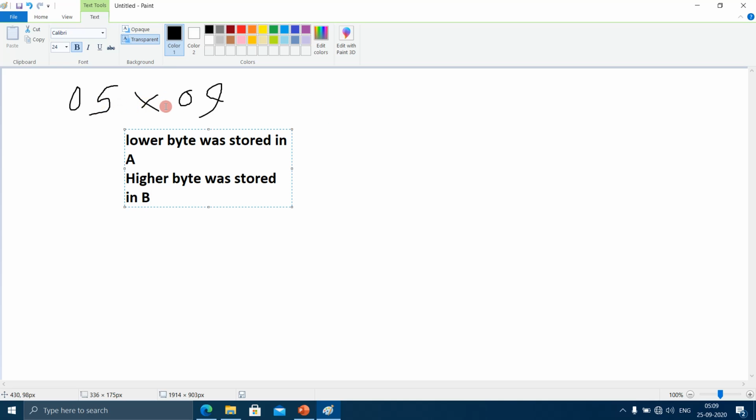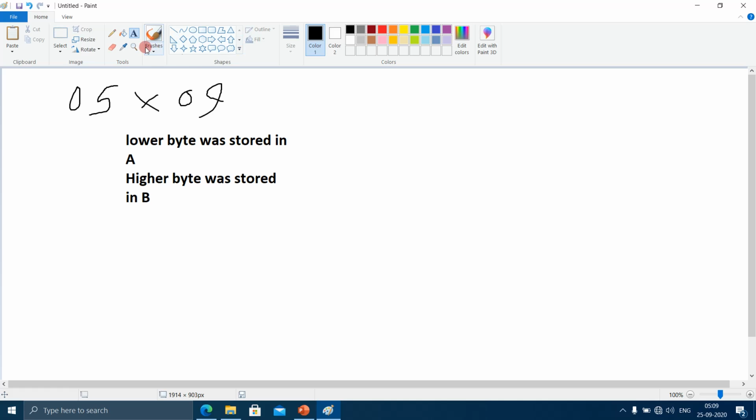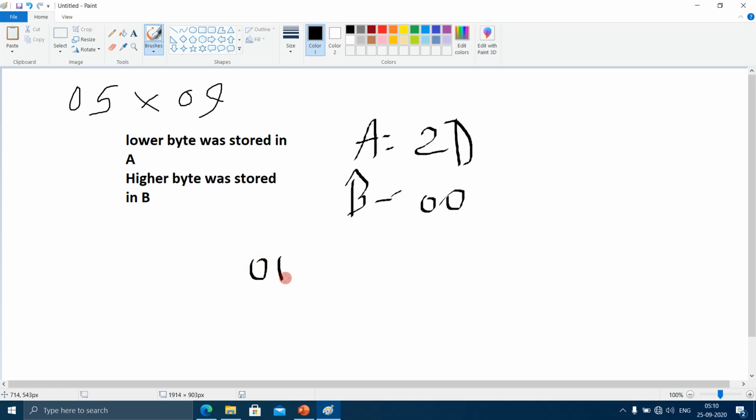After multiplying 05 and 09 we got 2D, and this 2D was in the accumulator. Then what about the remaining bytes? The remaining bytes are 00, which means the answer was 00 2D. We are getting only a 1 byte answer. In this example, 5 into 9, I'm getting only a 1 byte answer and the remaining byte will be 00. B is used to store the remaining byte.